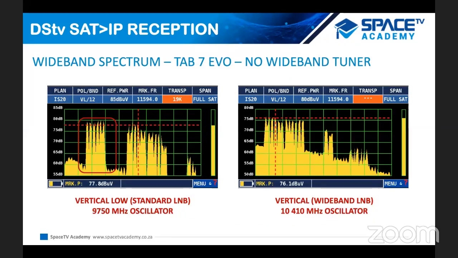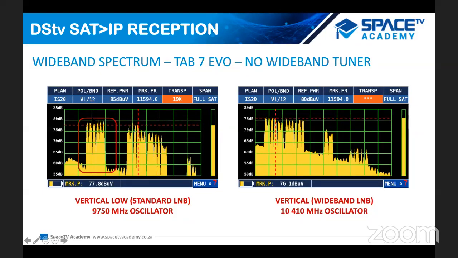If you look at the spectrum below, this was done with a Tab 7. On the left-hand side, you'll see there's a standard vertical low spectrum using the 9750 oscillator. And on the right-hand side, you will see there's a vertical feed from a wideband LMB using the 10410 oscillator. And you will notice that the transponders which are in the red block on the left-hand part of the image, those are not visible on the right-hand side image.